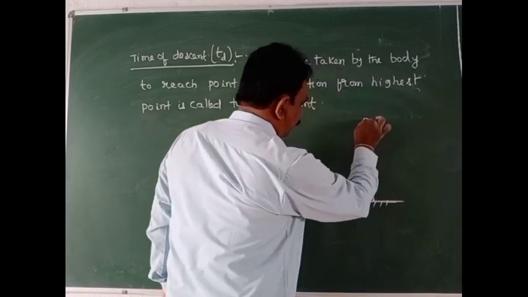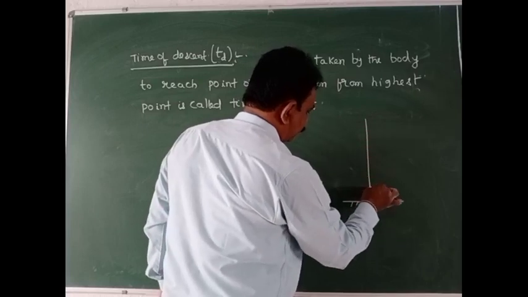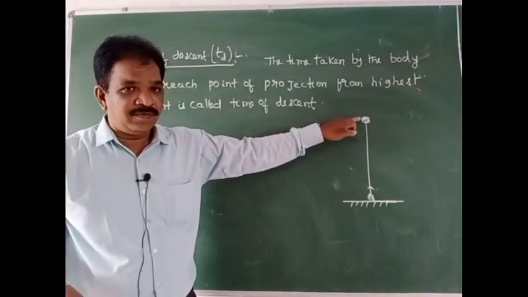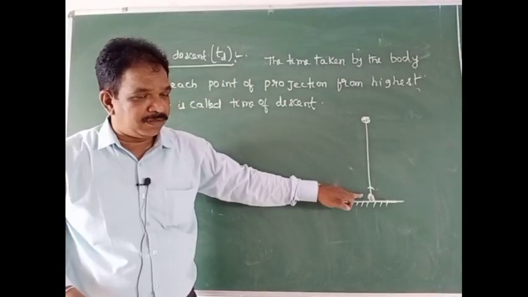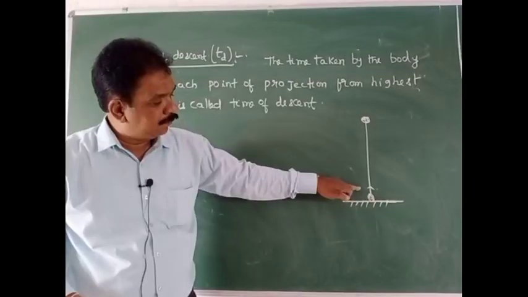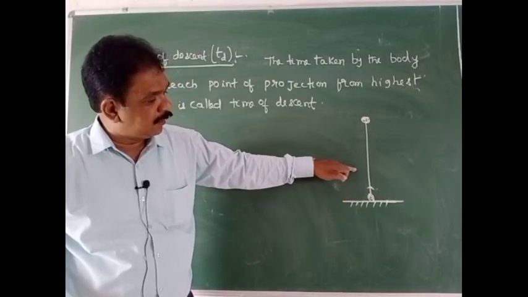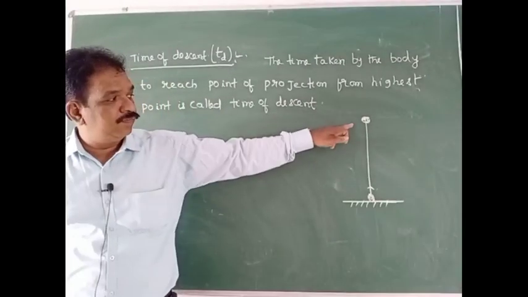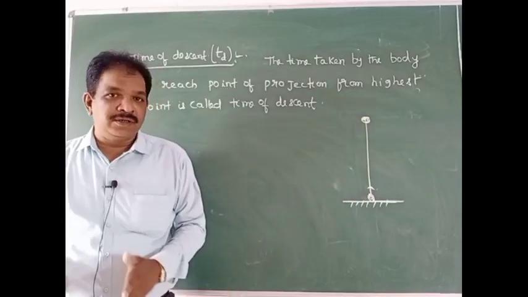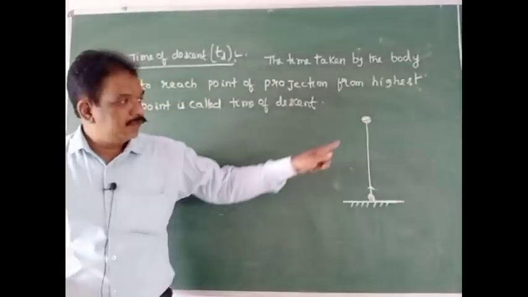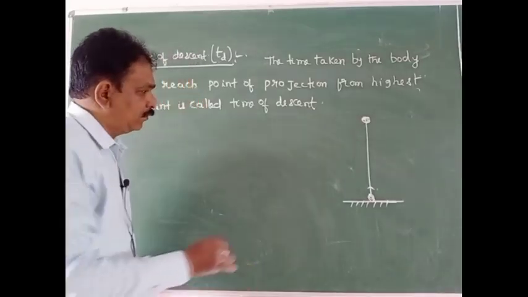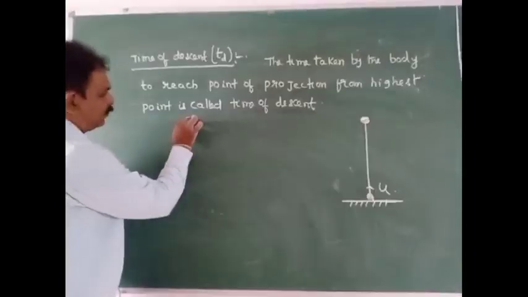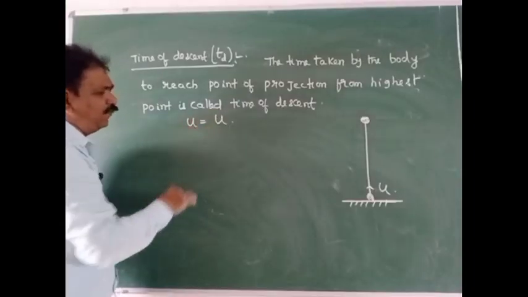From here one body is projected. It reaches the highest point. Then again, what will happen when it is going up? Its velocity gradually decreases and finally here it becomes 0. Again it will fall towards the ground. Clear? This point will be the highest point.